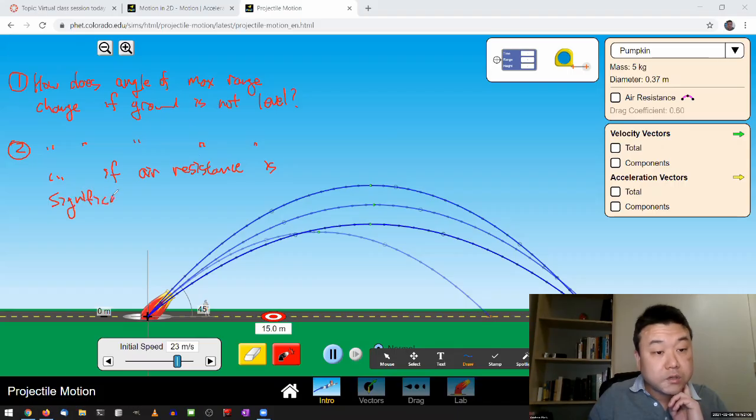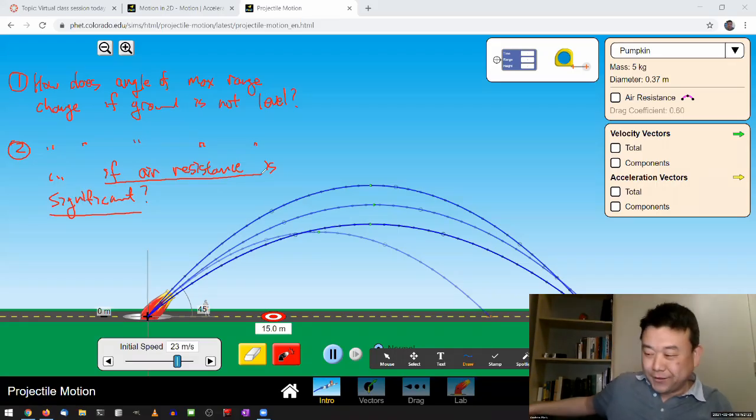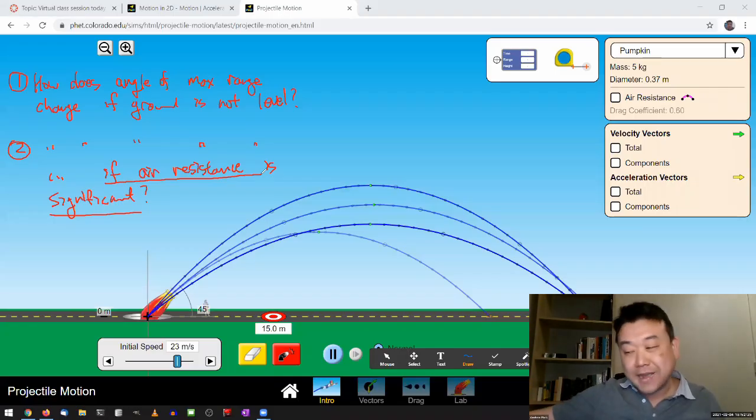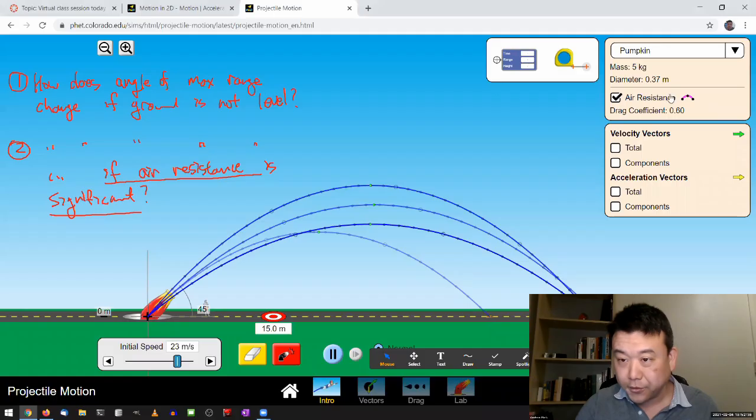This question would actually be too difficult to answer mathematically, even in Physics 4A, even for people who've taken Calculus 1 and did reasonably well, because this involves differential equations, and I don't know if I can do it all that well. But what's nice about simulation is that it can do numerical calculation, and computers are super good at that. There's a way to turn on air resistance, and with it turned on, I can just try out stuff to see what the answers are.